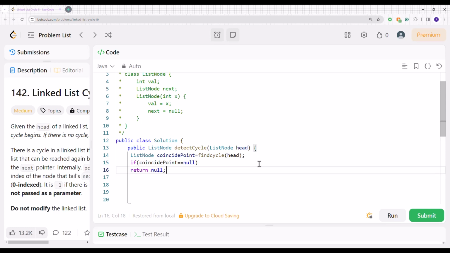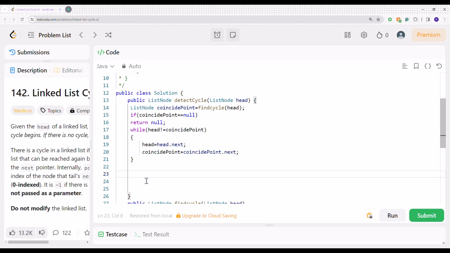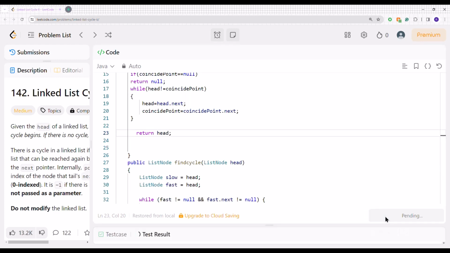Else, while our head is not equal to coincide point, we will keep on iterating. So head is equal to head dot next, and let me just copy this. Otherwise, coincide point equals coincide point dot next, and we can return head over here.